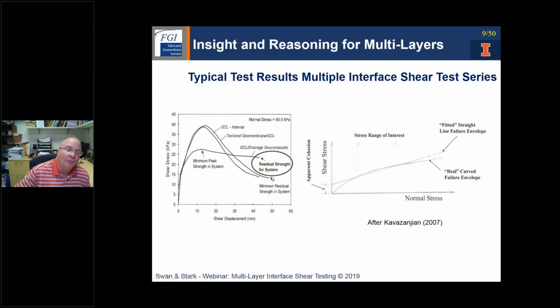And therefore, we would then plot the values of the peak or large displacement strength, and chances are we would definitely see more of a nonlinear relationship because one interface may be stronger at one point but becomes weaker as the normal stress increases. So now we have more of a hyperbolic relationship in the shear stress, normal stress, or Mohr-Coulomb failure envelope.